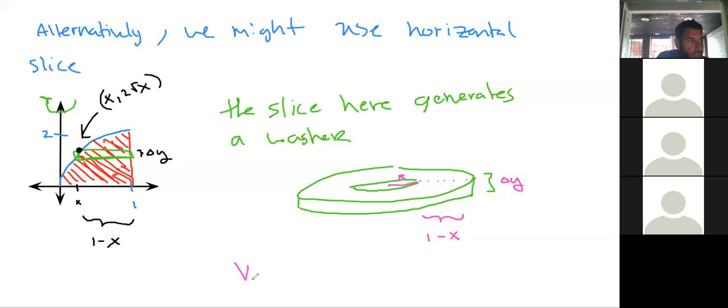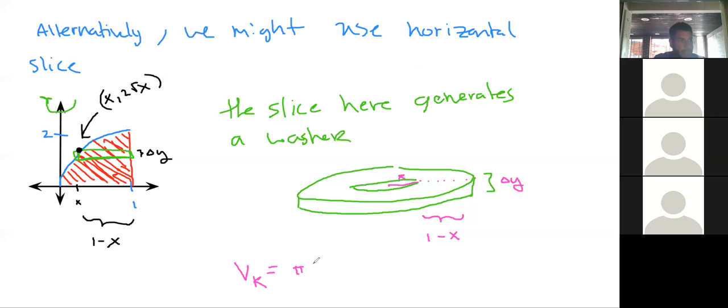So let's call this the kth washer. What is its volume? Given the information we know, this guy has pi times radius squared. What's the outer radius? Well, that would be 1. You might have to take a moment to come to terms with this.